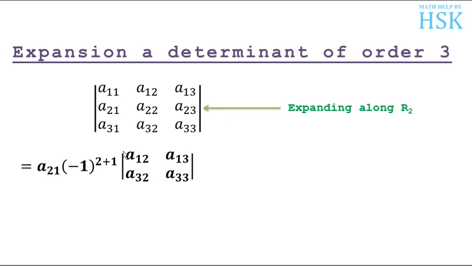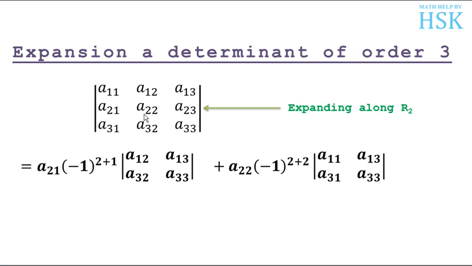And further it is multiplied by the determinant of second order, which is obtained by removing the row and the column of that element. Because the element a21 is in the second row and the first column, we are left with these four elements a12, a13, a32 and a33. So this will be the first term.